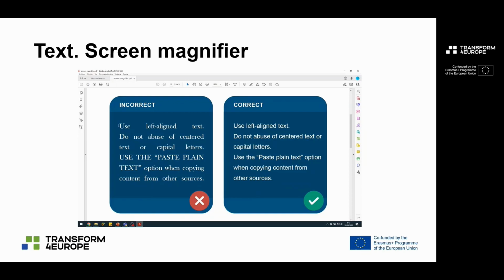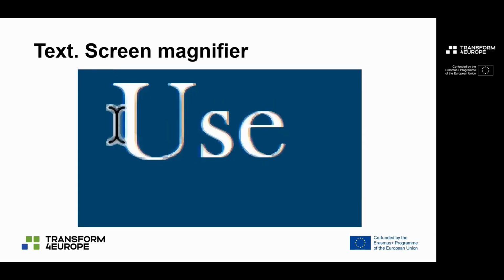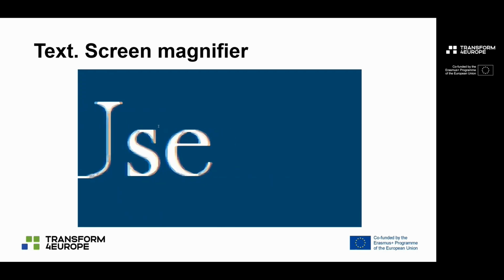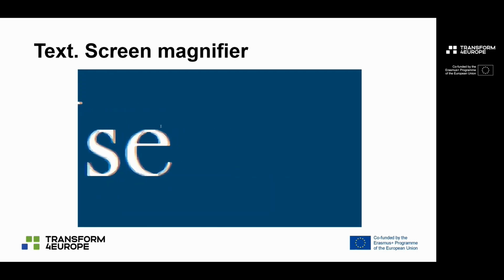I'm going to start by magnifying the first line of the picture on the left. This is how a person with low vision sees the screen. They have to move through the windows with the mouse pointer.